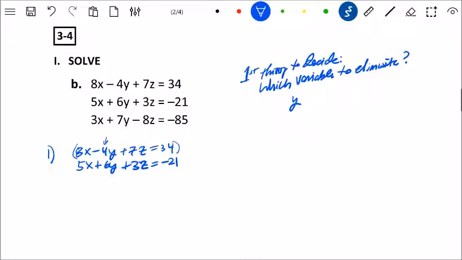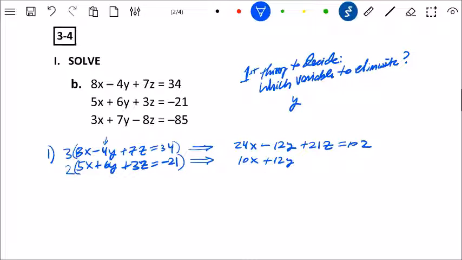So the first one here, I'm going to multiply by 3, and the second one, I'm going to multiply by 2. So let's rewrite them. This is going to give me 24x minus 12y plus 21z equals 102. And then underneath it, it's 10x plus 12y plus 6z equals negative 42.